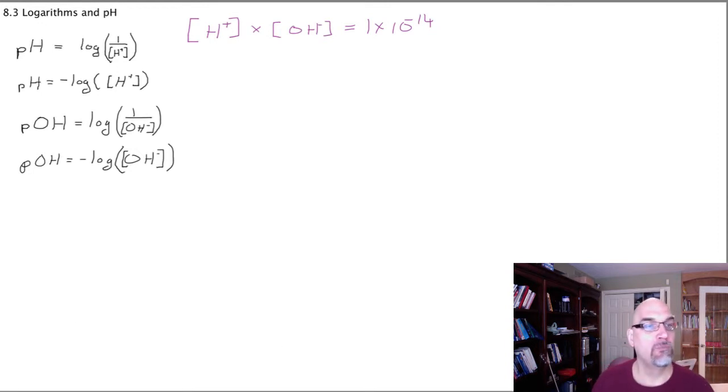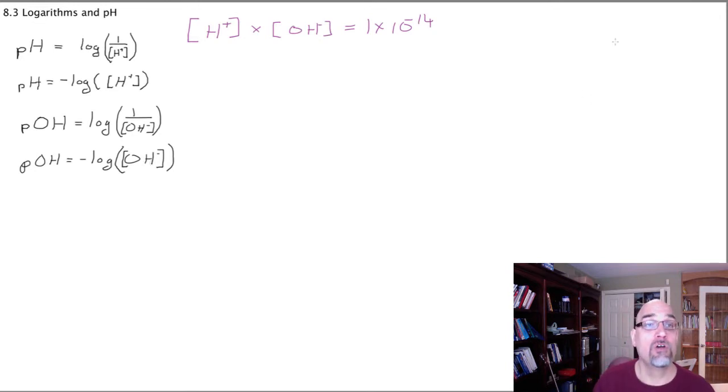So the pOH is defined exactly the same way as the pH is. It's just the log of 1 over the OH molar concentration. And again, we're going to use that same rule that the log of 1 over x is equal to the negative log of x. So pOH is equal to the negative log of the molar concentration of OH.